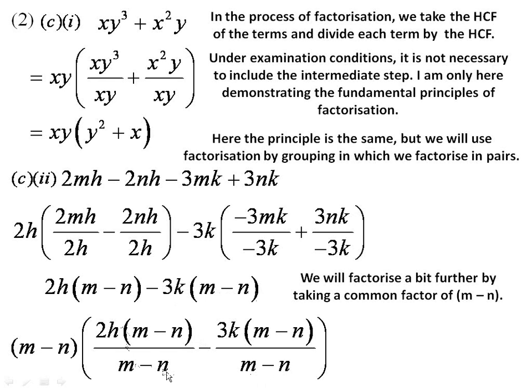Quite simple to see what will happen. In the bracket, we will have 2h minus 3k. That is all that will remain when we divide each term by the common factor. So m minus n, 2h minus 3k. This is what we are accustomed to and what is required under examination conditions.